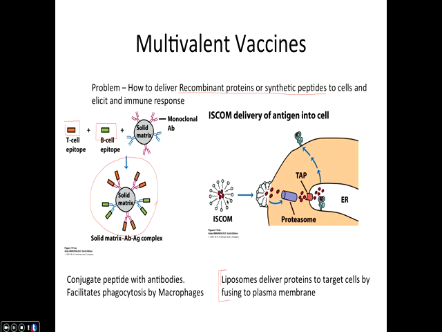Sorry, I'm jumping ahead here. Once these fuse with the cell, the peptides go into the cytosol. They're ground up by the proteasome with the LMP 7 and 9 subunits. Those create peptides that are expressed on the ER in MHC class 1 receptors.